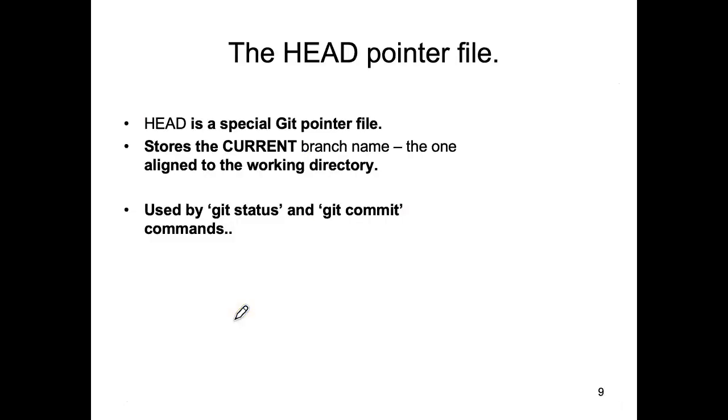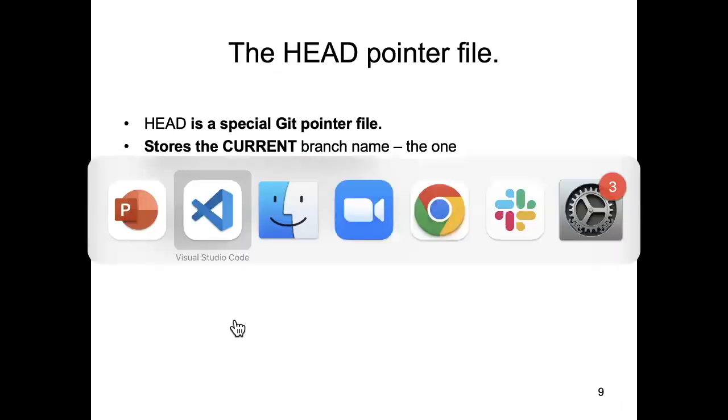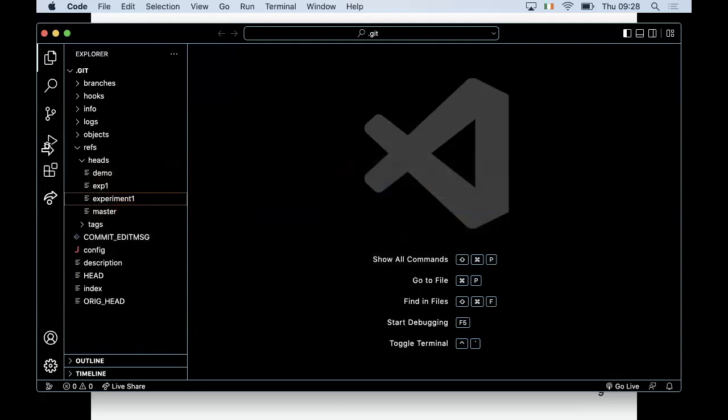Now, there is another special file within a Git repository called the head file. And the head file contains a reference to the branch file that your working directory is currently aligned with. So if I go back to my repository here, and where's the head file?